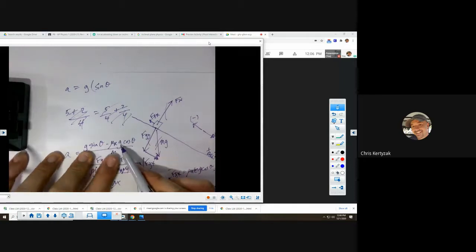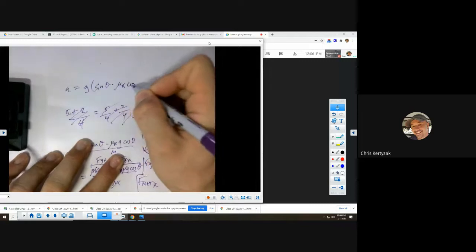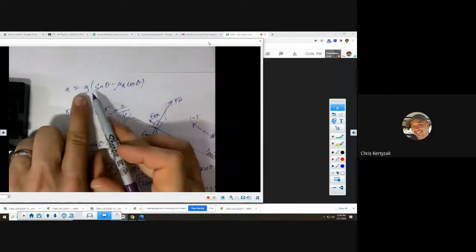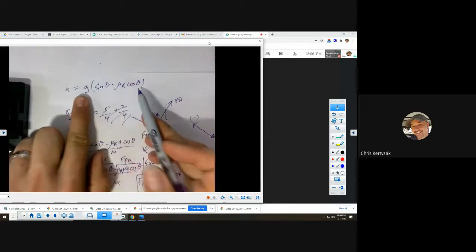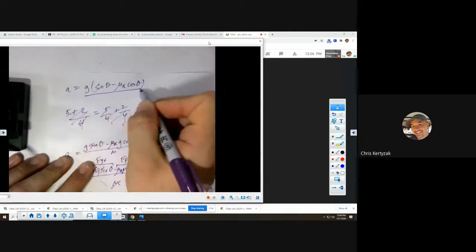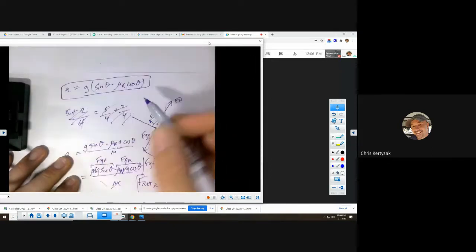And then if I'm factoring out a g, it would be minus mu k cos theta, so that when I multiply this back out, I'd get mu k g cos theta. All divided by, oh, sorry, not divided by anything. That would have been it, forgetting that we already canceled those out.